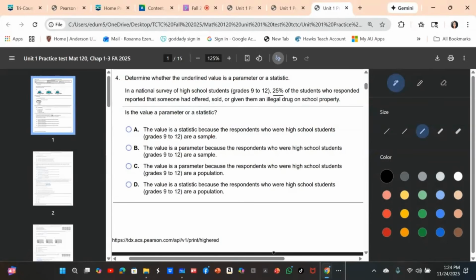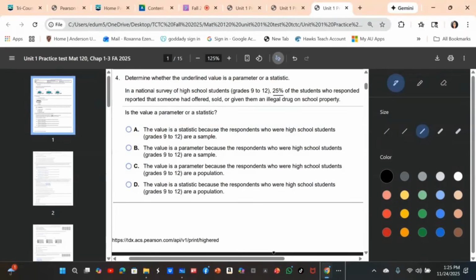This question says a national survey, so it is the whole American survey of high schools, with students from grades 9 to 12. 25% of the students who responded reported that someone had offered, sold, or given them an illegal drug on school property.